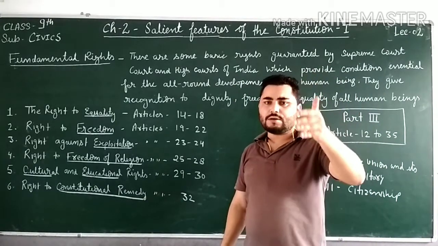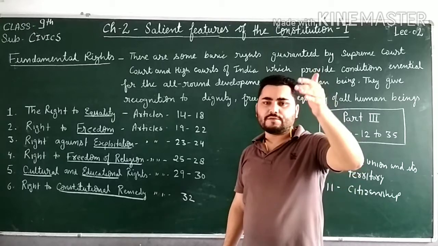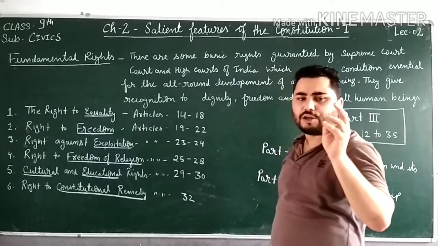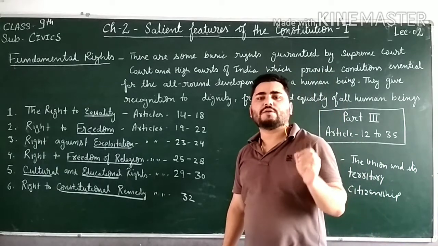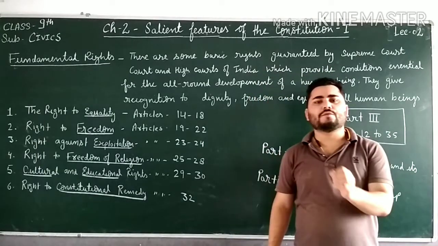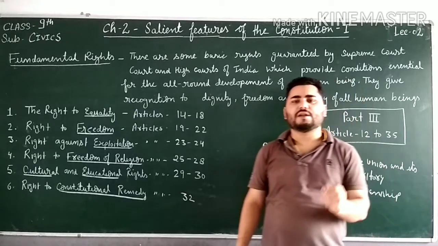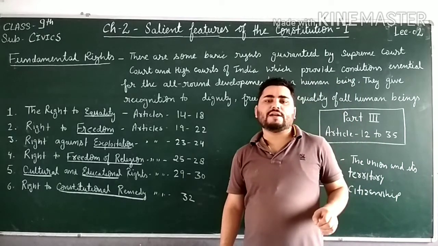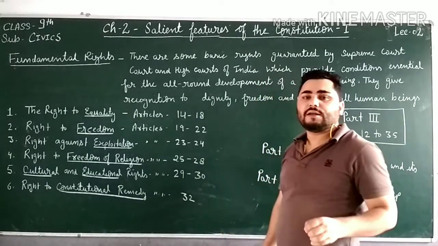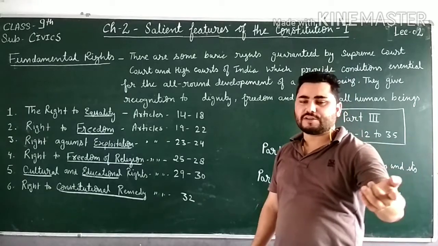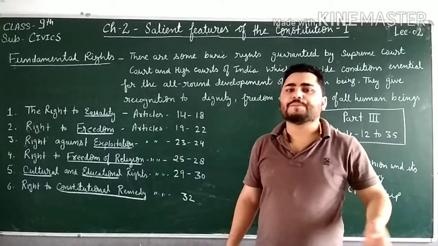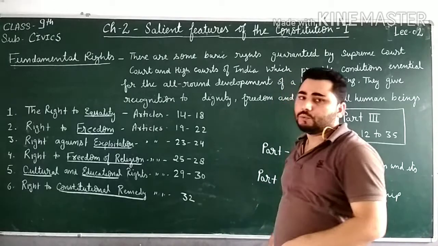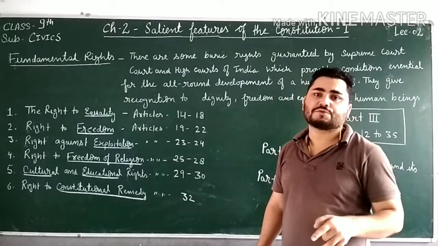In our Constitution there are so many fundamental rights, from Articles 14, 15, 16, 17, 18, 19, 20, 21, 21A, 22, 23, 24, 25, 26, 27, 28 and 29. Article 30 and 31 were there, but Article 31, the right to property, has been deleted. And then Article 32 gives the constitutional remedy.